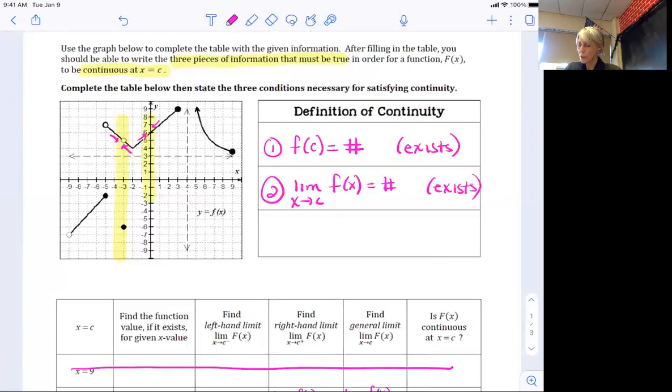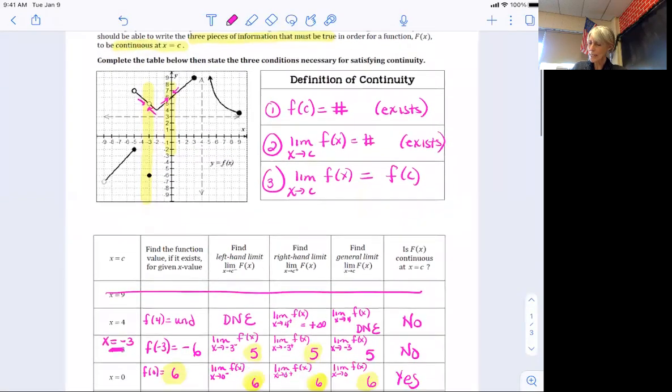And most importantly, the limit has to equal the function value. So those are the 3 conditions that have to exist.